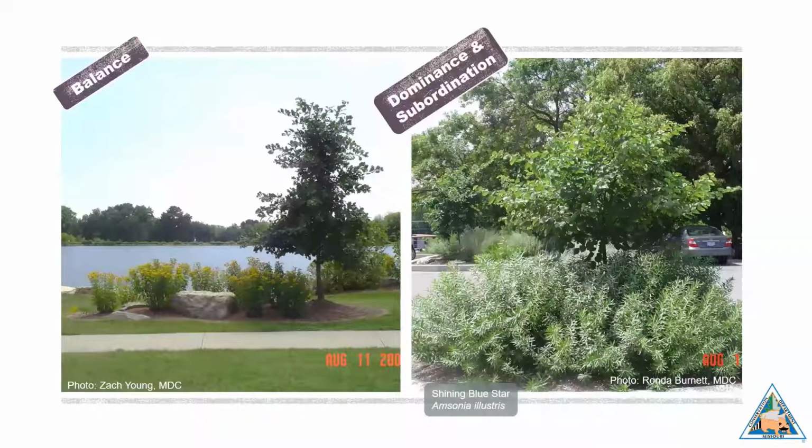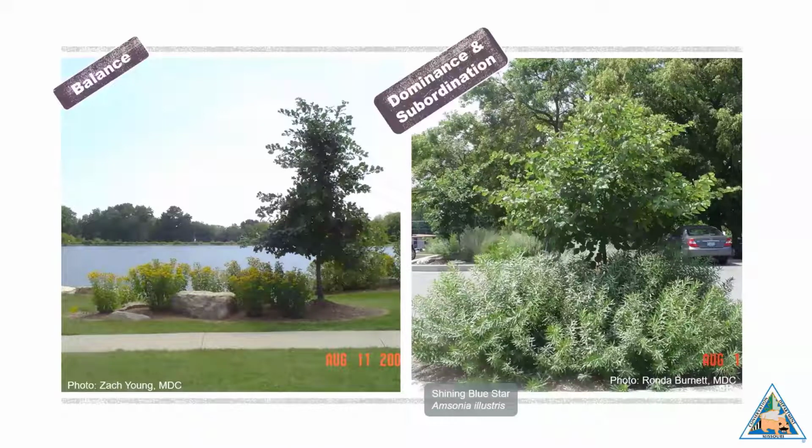Now, in order to really achieve a dominant and subordinate relationship, you need one element to be obviously the dominant element. And I think the photograph I'm showing you here shows what can happen when you don't have an obvious dominant element. Visually, it looks uncomfortable.